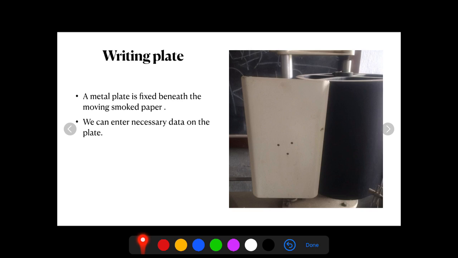Now, this is writing plate. This one is the writing plate, because the paper is moving over the plate, and if we want to write something, if we want to put some data, we can do it on the plate.